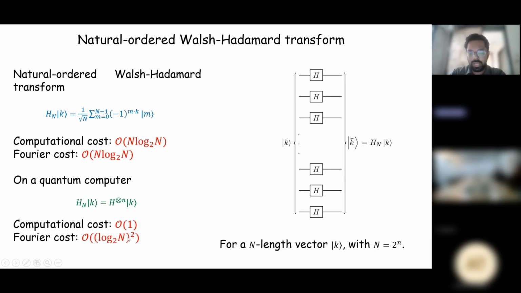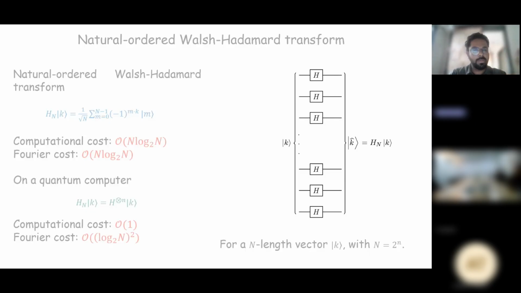So obviously we are doing much better in terms of circuit depth for the natural Walsh-Hadamard transform. And the reason I call this natural has nothing to do with the name actually. It's just that applying Hadamard gates gives me the solution, so it's kind of natural that it occurs in these computations.